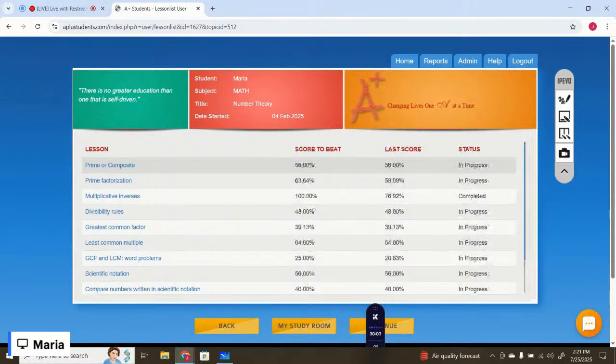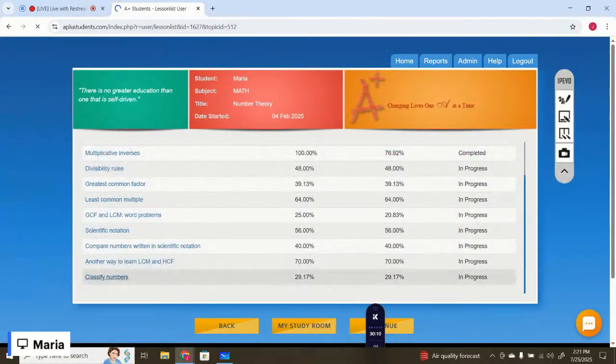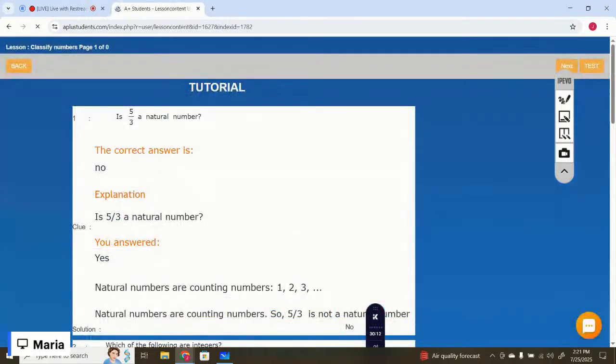The next lesson is classify numbers. Is 5 by 3 a natural number?